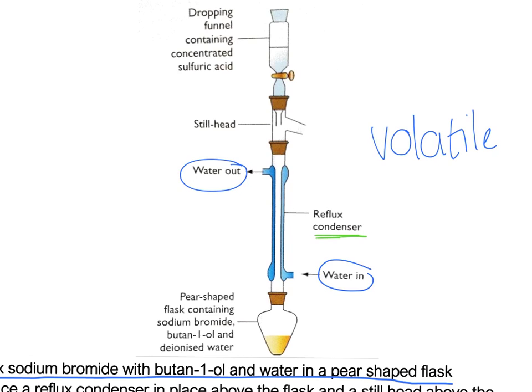Remember, it always goes against gravity, so water in at the bottom, water out at the top. That keeps the reflux condenser nice and cold, so that when our organic compounds do boil off, they condense back down and fall back into the reaction mixture and go on reacting. So reflux is continuous boiling followed by condensing.